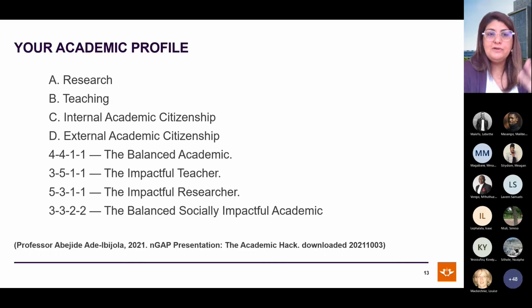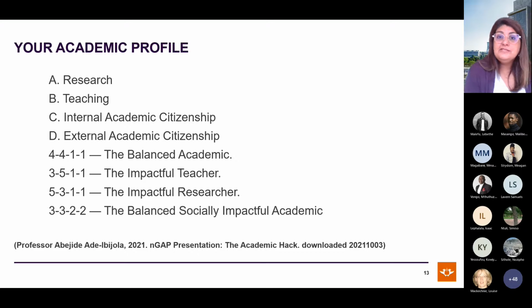And he talks about 4 models. He talks about the balanced academic who spends 4 parts of their time on research, 4 parts on teaching, 1 part on internal academic citizenship, and 1 part on external academic citizenship. And then he talks about the impactful teacher, one who shifts to a little bit more emphasis on teaching and learning.